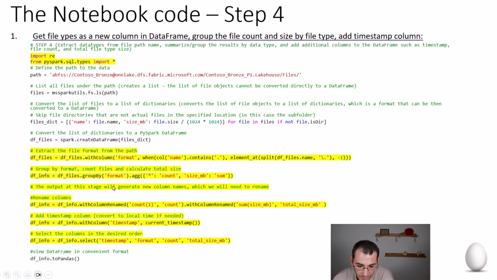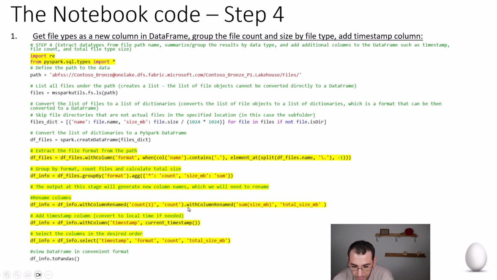output in this stage will generate new column names by default, which we'll have to rename because it is a little bit confusing and it will throw an error if we use the column names that we had before. So for example, here it is going to be count1 for the column output for this group by function, and we are going to rename it to just count.